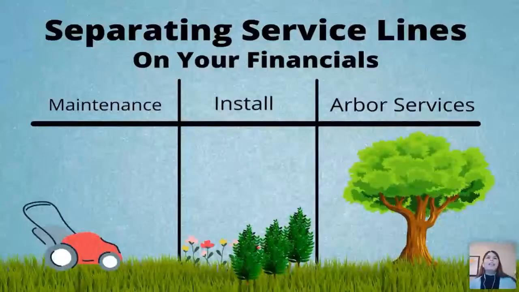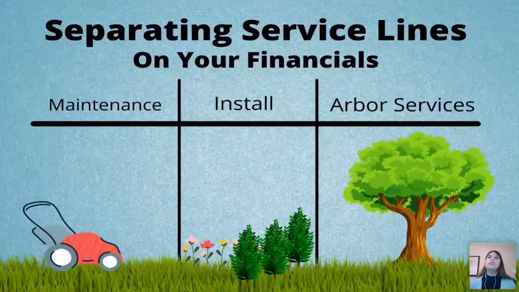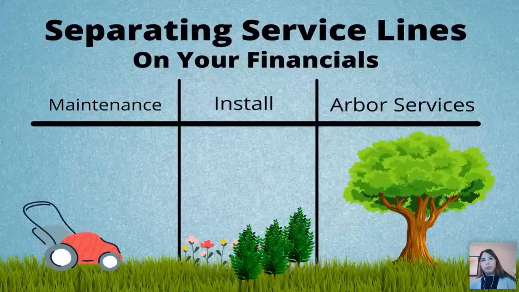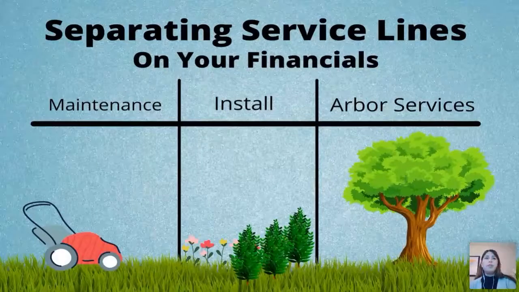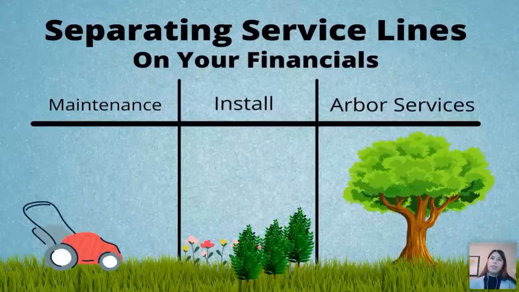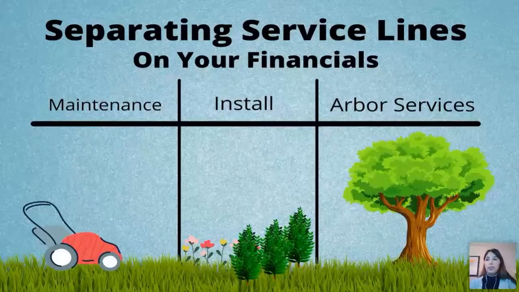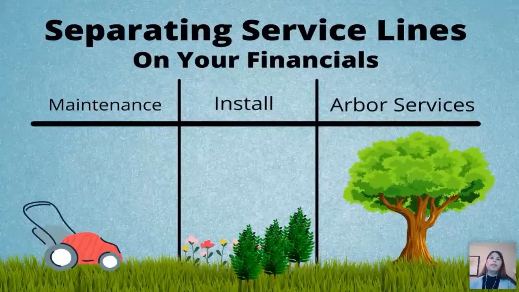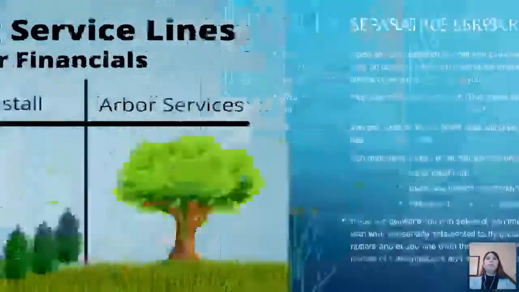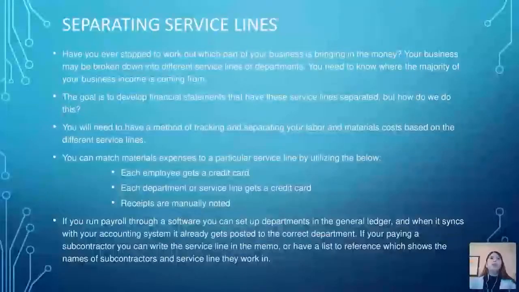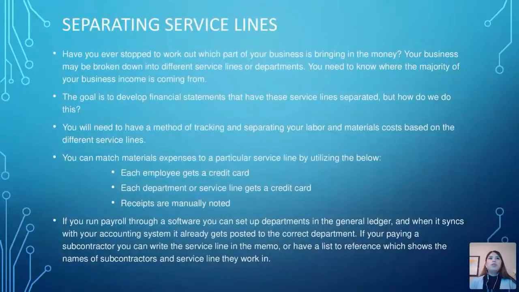All right, now we have separating your service lines on your financials. For this example, we're going to be using maintenance services, install, and arbor services. How do we go about separating that, and why should we separate it? Have you ever stopped to work out which part of your business is bringing in money? Your business may be broken down into different service lines or departments.